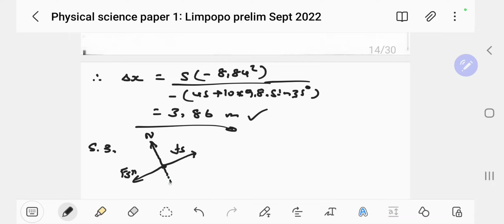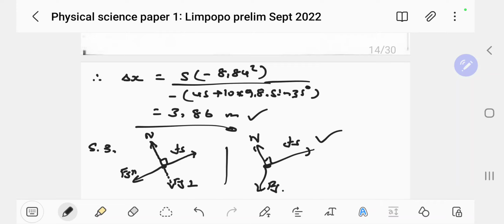And then we're going to have our Fg perpendicular. But if you like, you can have our static friction. We have our normal force, which must be perpendicular, right? And then you can have our weight, which is Fg. So maybe this one is more simplistic, maybe the favorite, but that one is also okay. But for these two, you will get a mark and then a mark for the normal force and the frictional force.